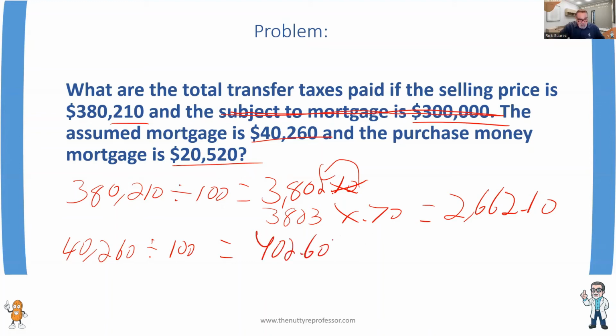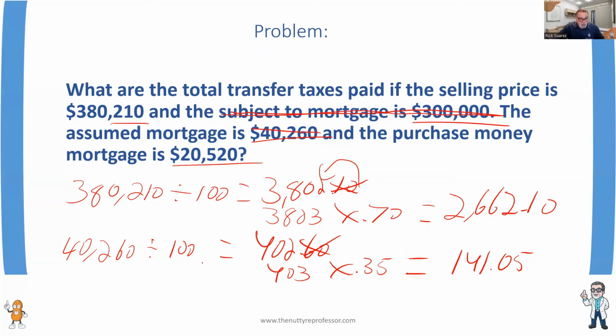Again, we cannot have pennies. Going to round up to 403 times 0.35. So 403 times 0.35 gives you 141.05. It's okay to have pennies on this side. You cannot have pennies here. So that took care of that one.